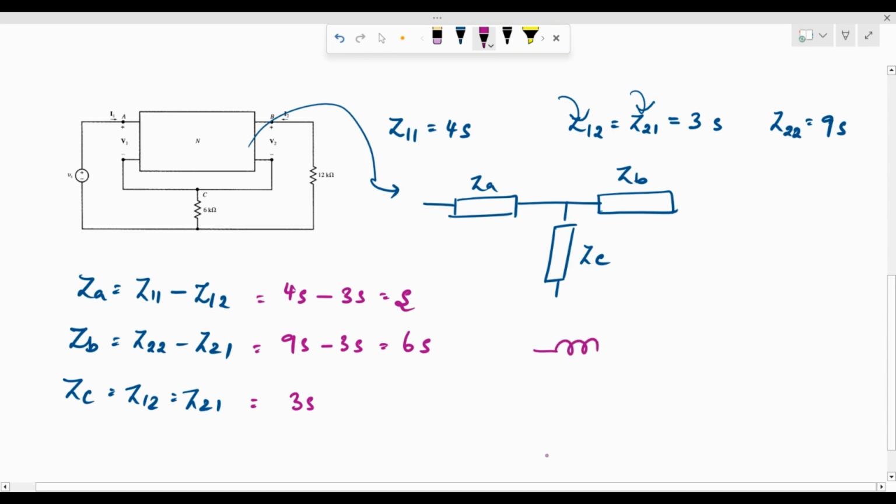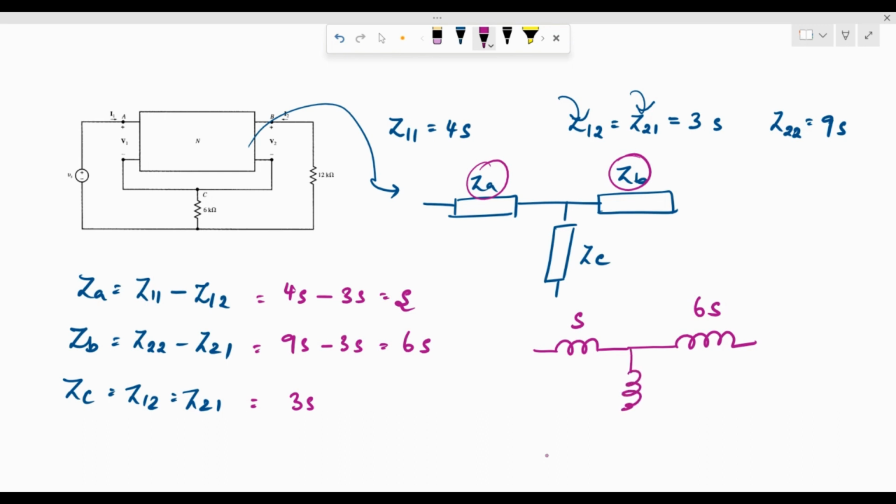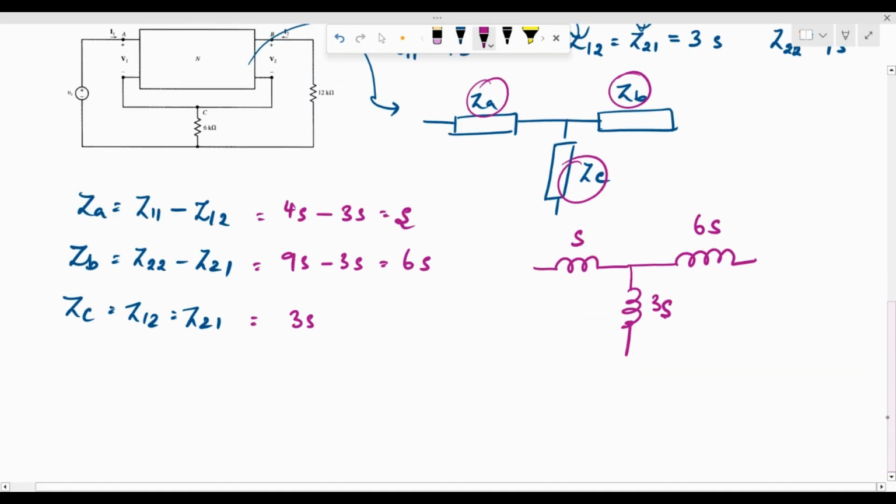So this is s representing ZA, then we have 6s representing ZB and 3s representing ZC. Now this is clubbed with the rest of the network, so we can redraw the rest of the network as it is. This is 12 kilo ohms, and here we have Vs.